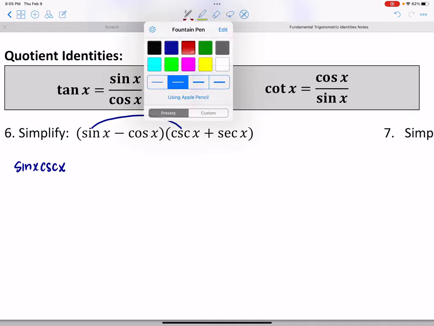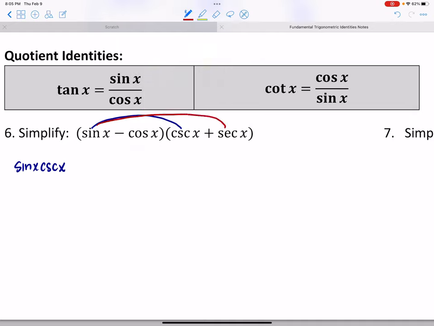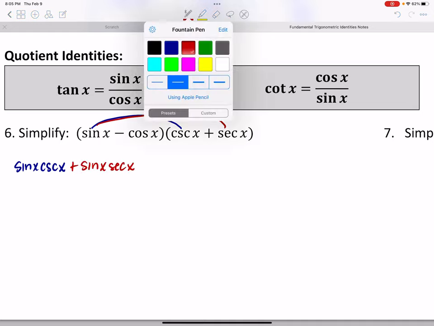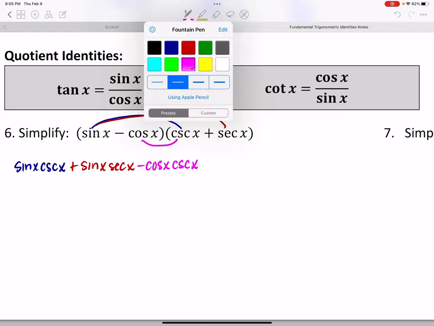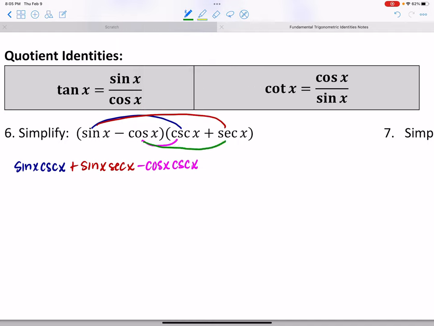And then I'm going to multiply here. That's going to be a positive sine x, secant of x. And then I'm going to multiply here. That's going to make a negative cosine x, cosecant x. And then finally, I will multiply here. That's going to make a negative cosine x and secant x.